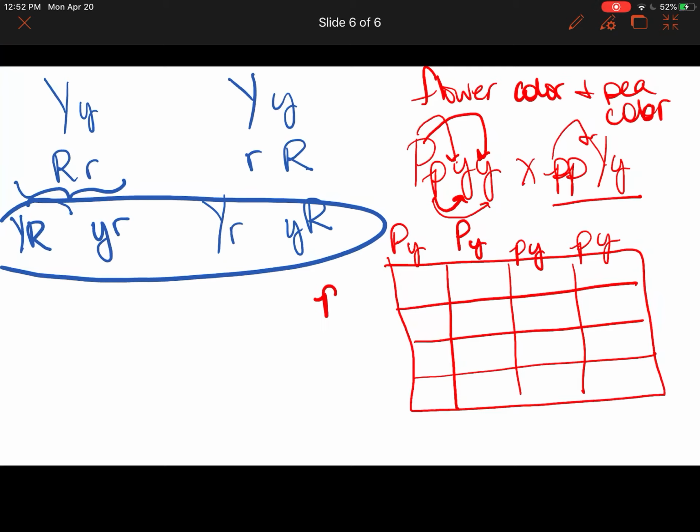For parent number 2, little p can sort with big Y, little p can sort with little y, little p can sort with big Y, or little p can sort with little y. So these are the gamete possibilities.